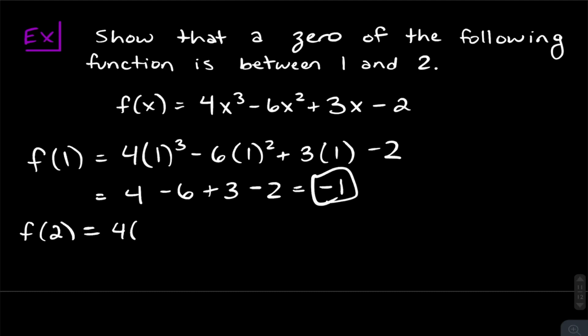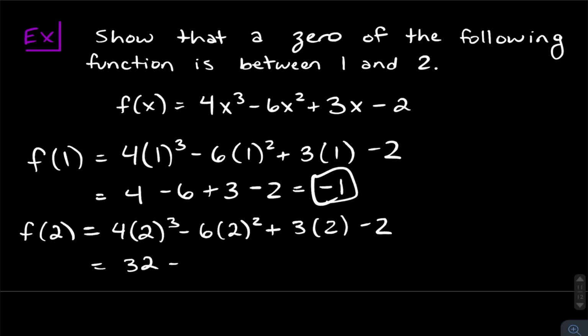If we plug in 2, we get 4 times 8 is 32, minus 6 times 2 squared, that is 24. Then with a little bit of subtraction and addition, we get 8 plus 6 is 14, minus 2 is 12.